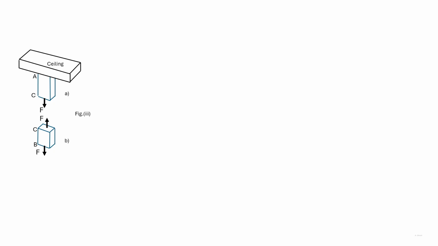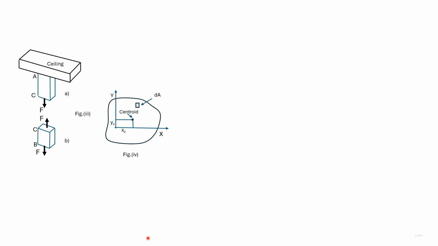Here we will show that if we have an arbitrary cross-section to which uniform stresses are applied, then the resultant of those stresses will pass through the centroid of that cross-section. This case is similar to a plate of uniform thickness subjected to gravitational force. The resultant of the gravitational force acts through the centroid of the plate.